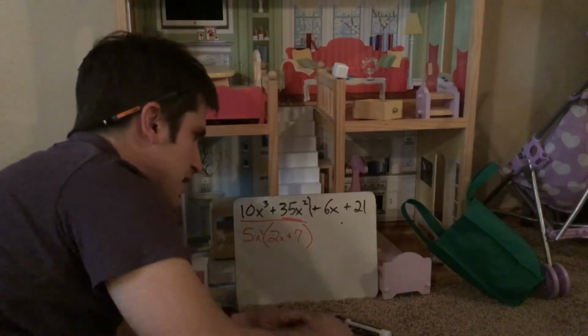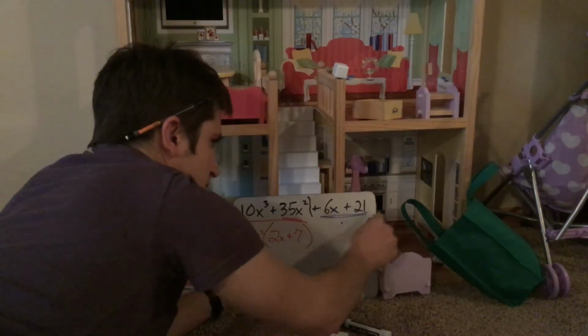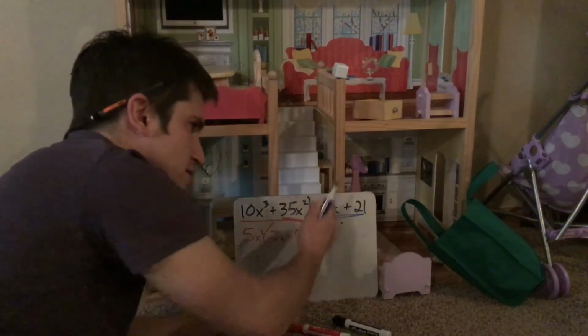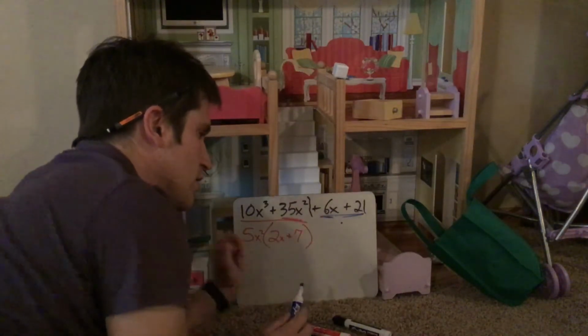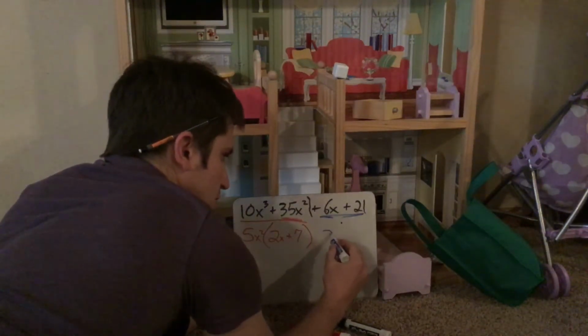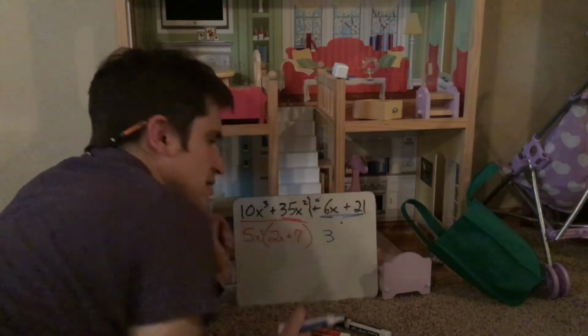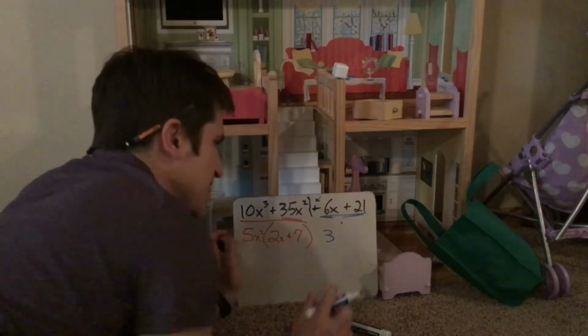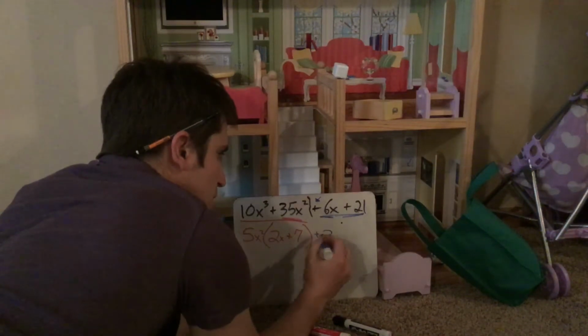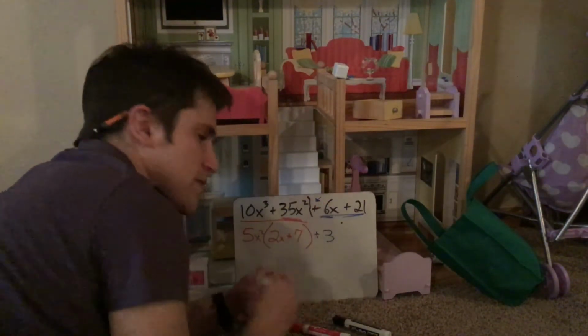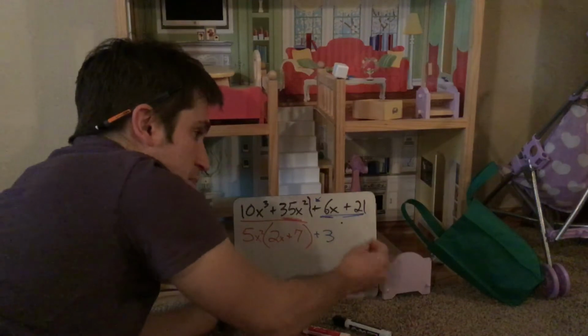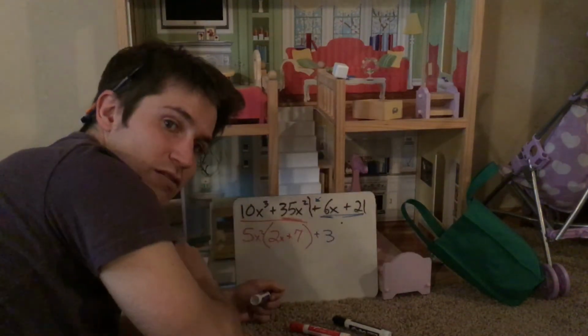When I go to the right side, I'm doing the same exact process, thinking about what is the GCF over here. The GCF is 3. Whatever this sign is in front of the third term, you need to bring that down, because if that's a negative, what happens is you end up pulling out a negative GCF.